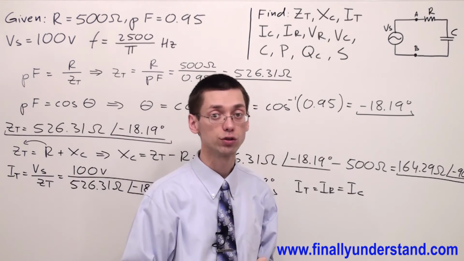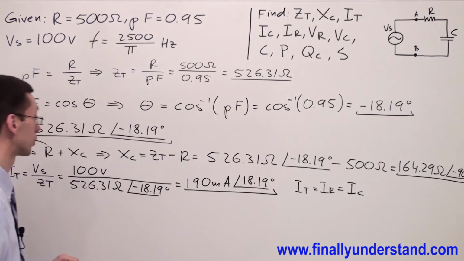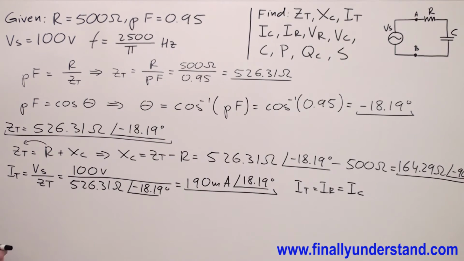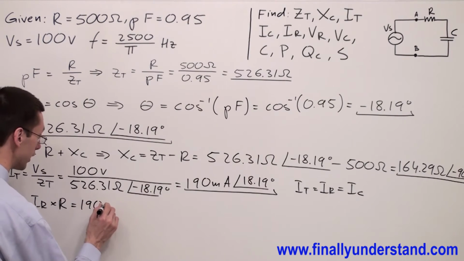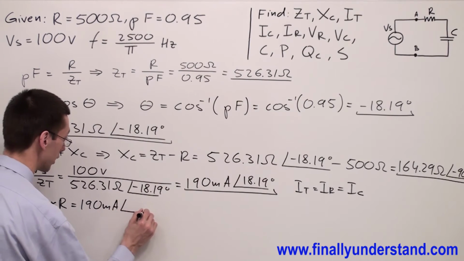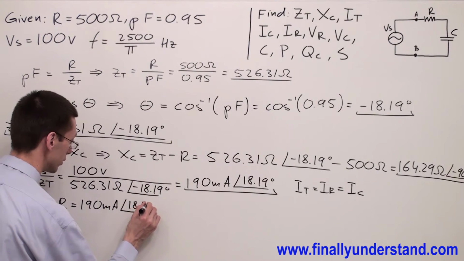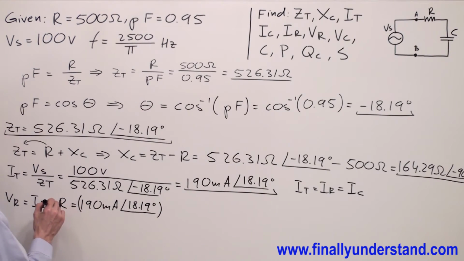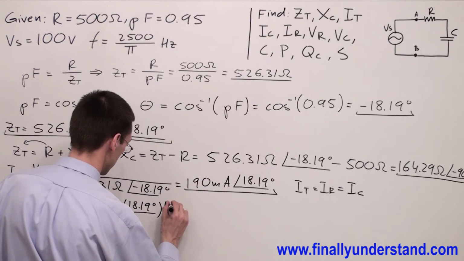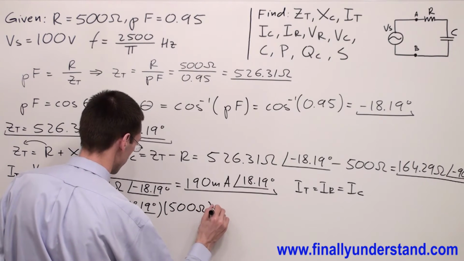Next, I'm supposed to find voltage across the resistor and voltage across the capacitor. I'm going to use Ohm's law to find these two values. So I have VR is equal IR times resistance, where IR we found is equal 190 milliamps and angle of 18.19 degrees times the resistance, which is equal 500 ohms.